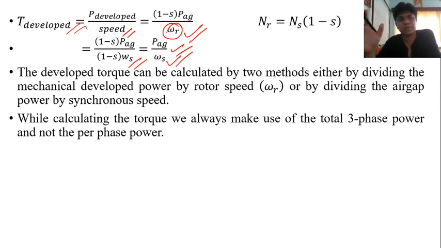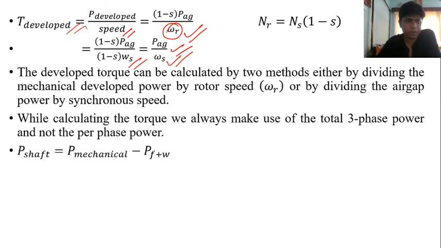We always calculate the total torque of an induction motor. So that's why we have to use the total three-phase power and not the per phase power, right?